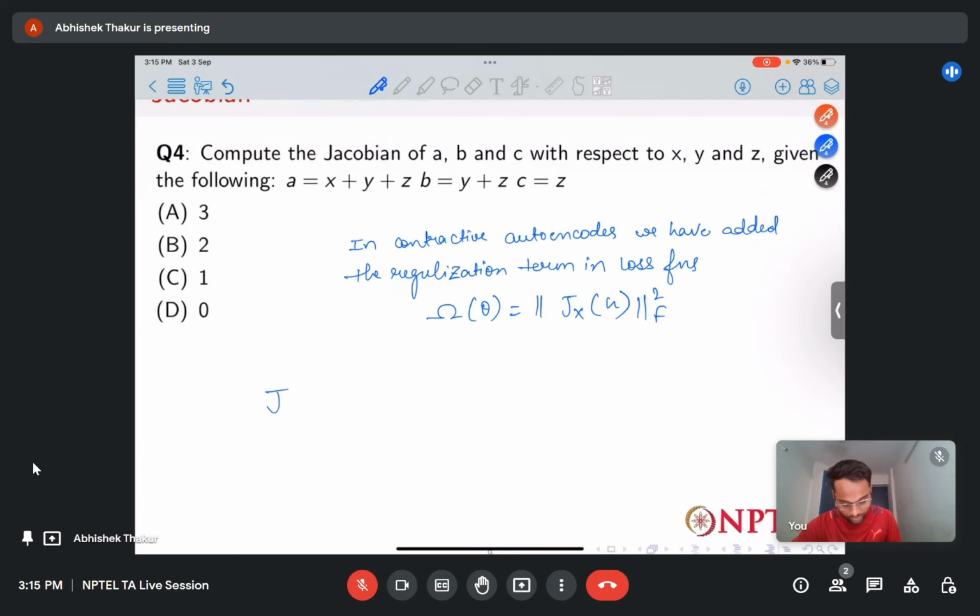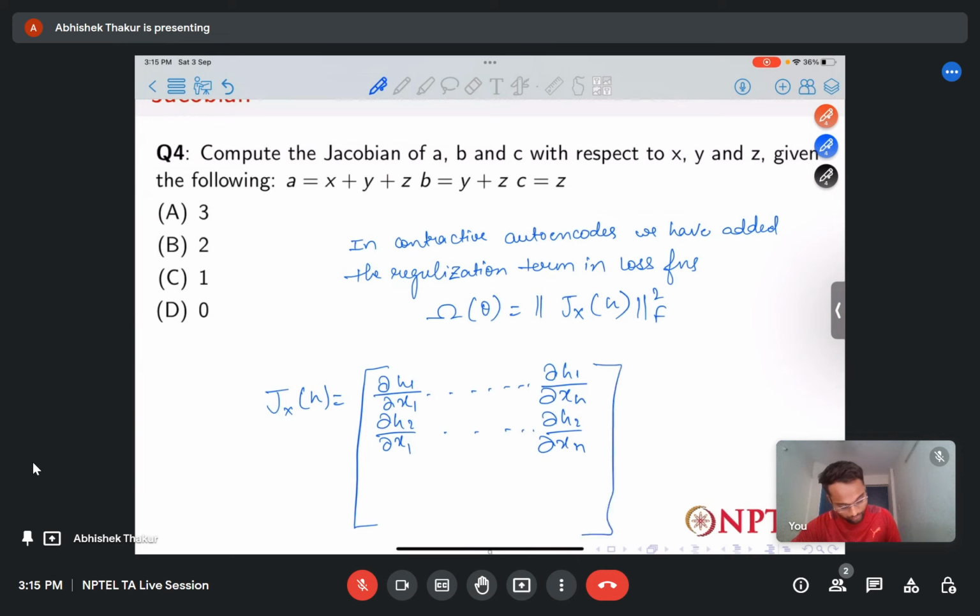We know that the Jacobian of h with respect to x is given as del h1 by del x1 dot dot dot del h1 by del xn, del h2 by del x2 dot dot dot del h2 by del xn, dot dot dot del hk by del x1 dot dot dot del hk by del xn.